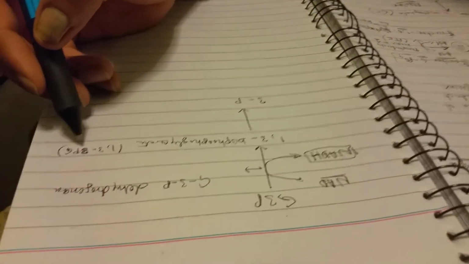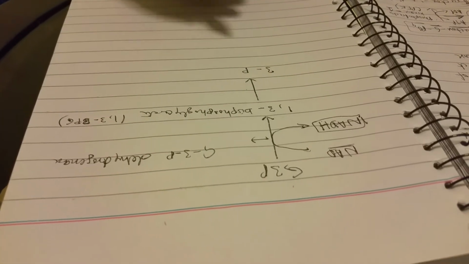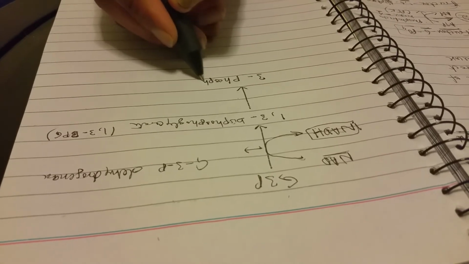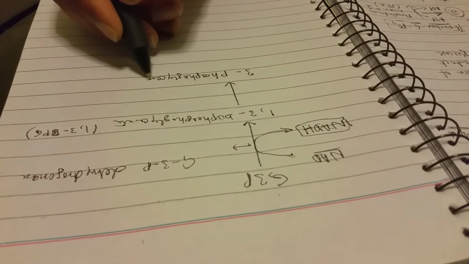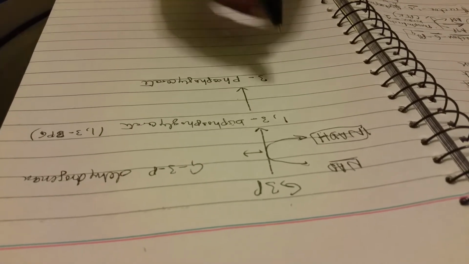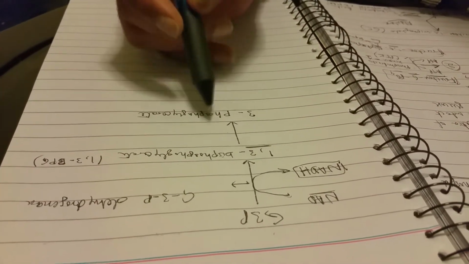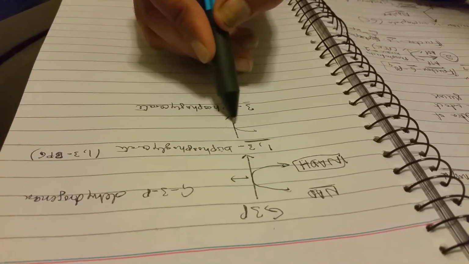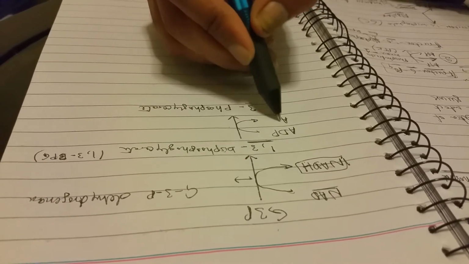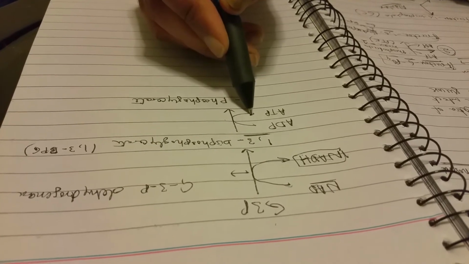It's not BBG, it's BPG, 1,3-bisphosphoglycerate. And you see that here there were two phosphate groups, and here is just one phosphate group, and that can happen only if ADP is converted into ATP.